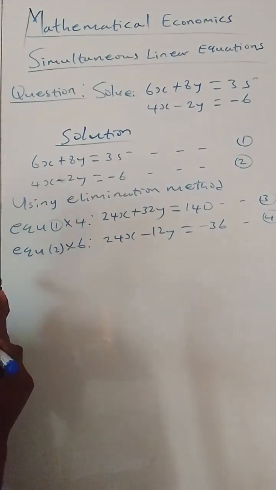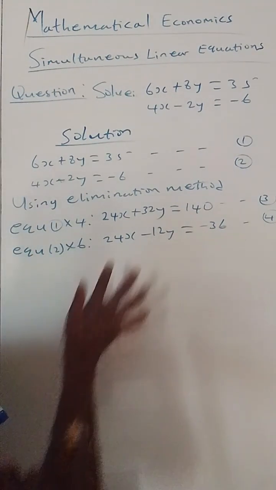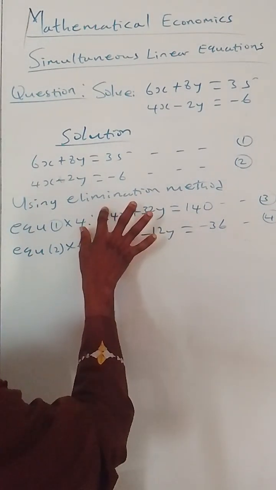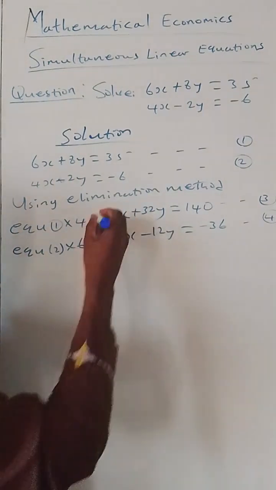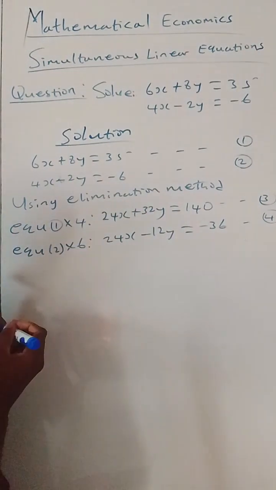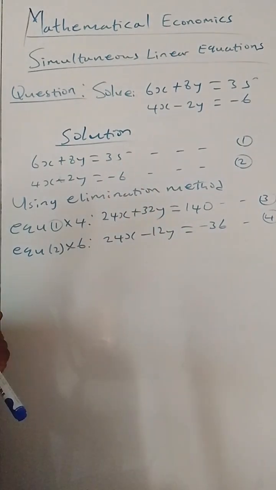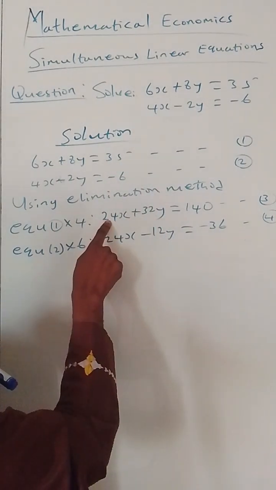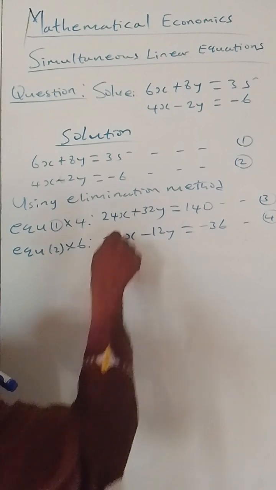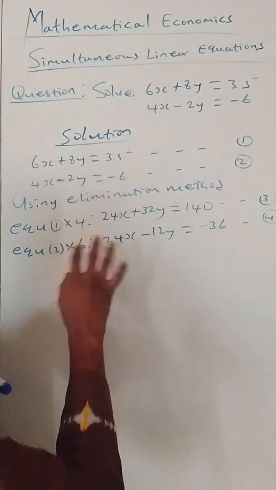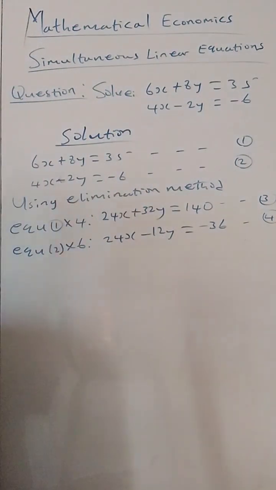Now, you can see the only way to eliminate the term that contains x is to subtract equation 4 from equation 3. Why? Because 24x minus 24x will cancel, that will become 0. So this term will go.